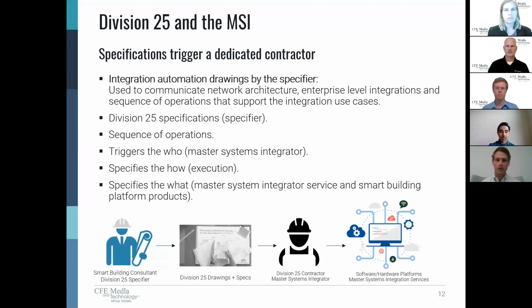This typically entails the software and the hardware necessary to enable these smart building applications. And that specification is meant to trigger a dedicated contractor focused on building system controls and integration. So sort of the other half of the specifier, but on the contractor side. And through this framework, that's how we're delivering these types of solutions roped into overall building projects.